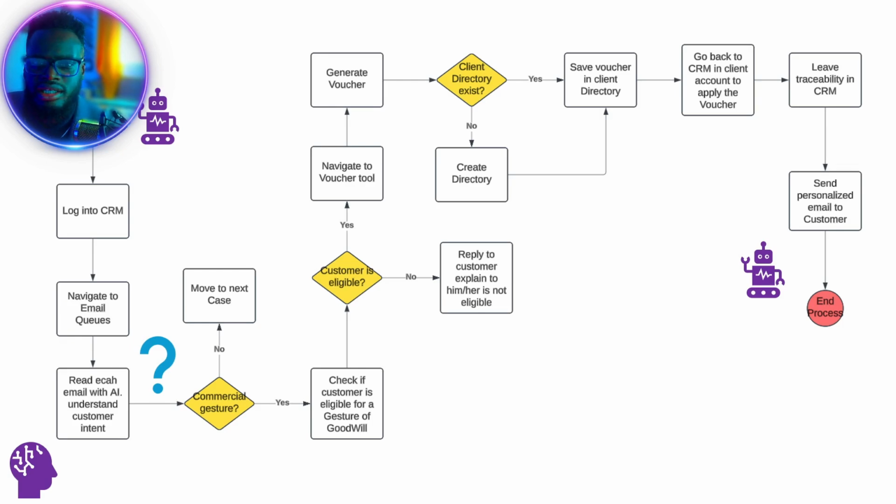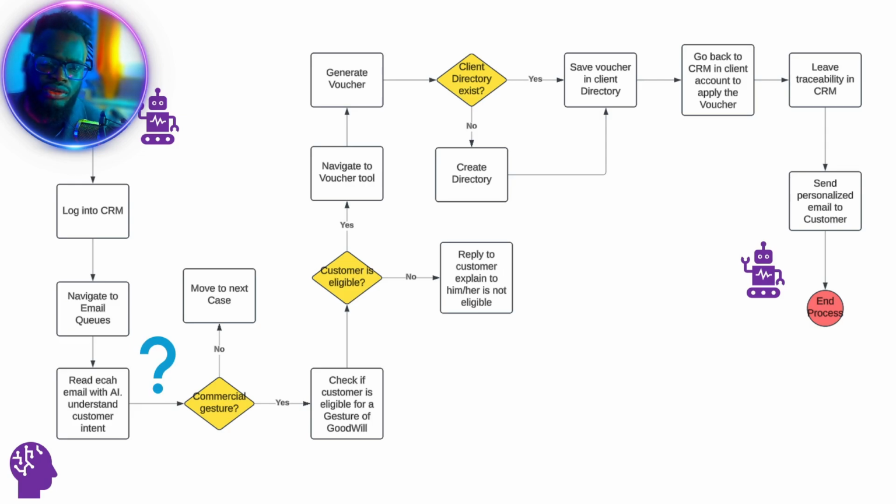Let's say today some customers are complaining they received their orders late, or they've been complaining about bad service, and we want to do a goodwill gesture. We don't want our agents or advisors to spend time on those. We want an AI bot, an agent, to be able to handle these types of requests, right? Because we want our people to focus on more valuable tasks.